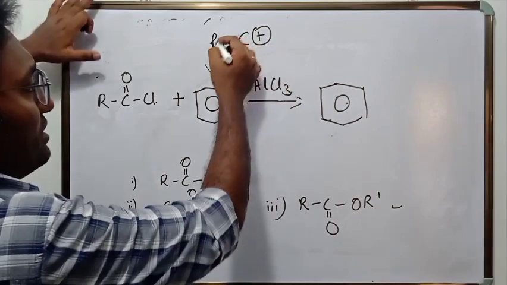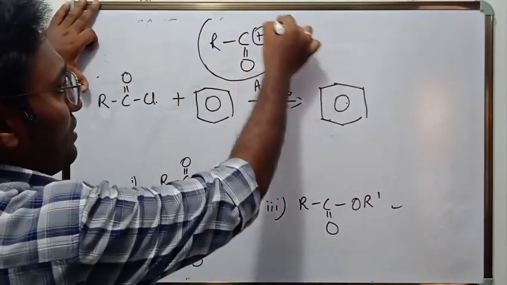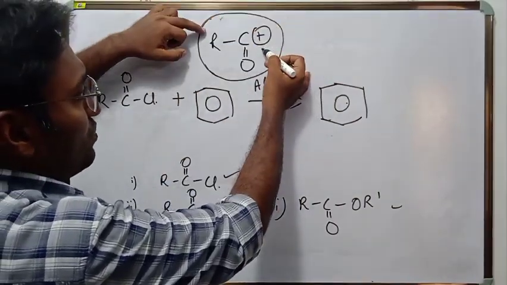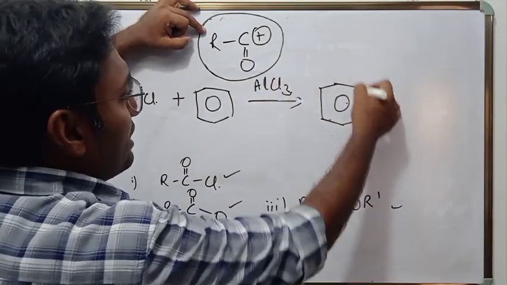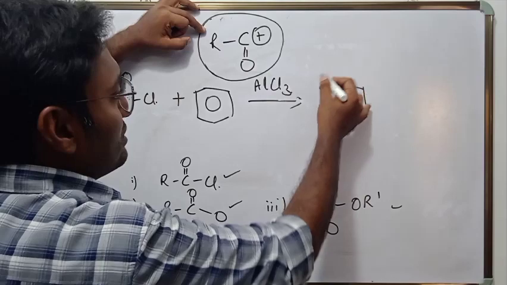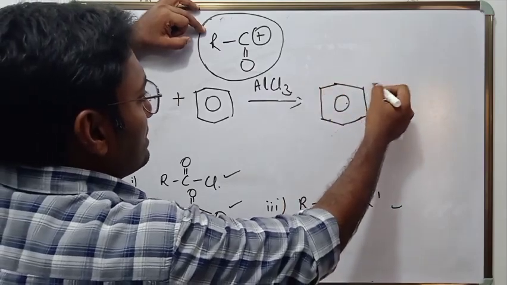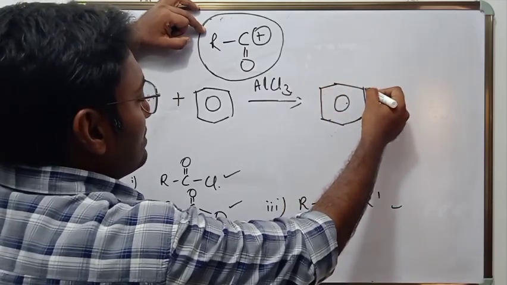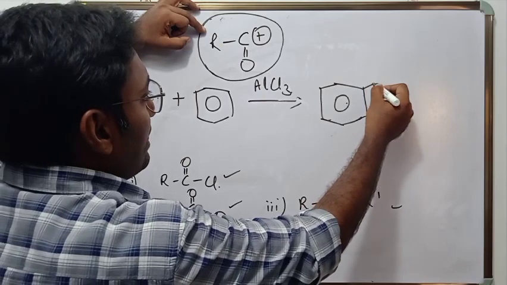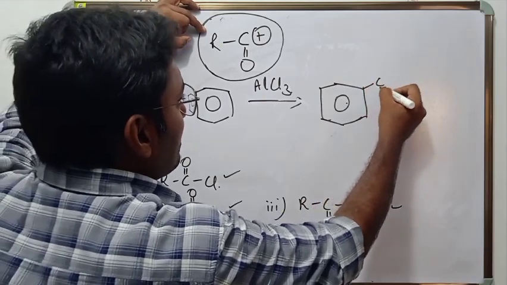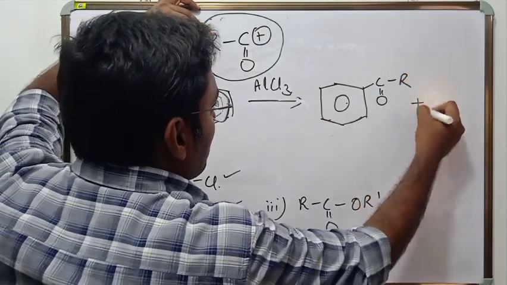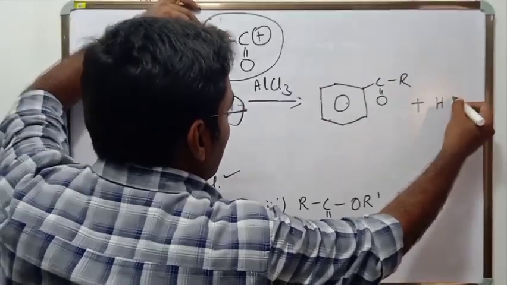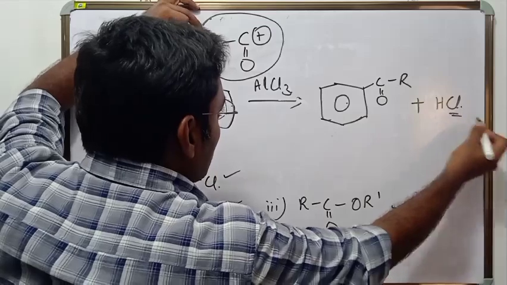As we have studied, this is the electrophile, so you have to take this electrophile and replace any one of the hydrogen atoms of the 6 carbon atoms. So I am replacing this hydrogen atom, and to this carbon I link the acyl group, and the hydrogen goes from here, combines with chlorine, and becomes HCl.